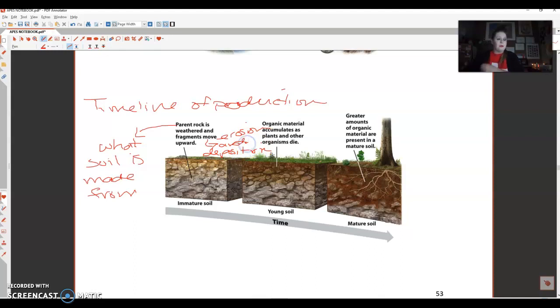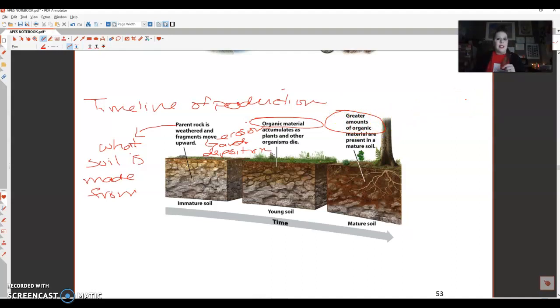Then we have the organic material accumulates as plants and other things die. So we're adding in our nutrients. And then through time, when we have larger, more complex organisms growing, it allows greater amounts of organic material to accumulate. So it's a very slow process.